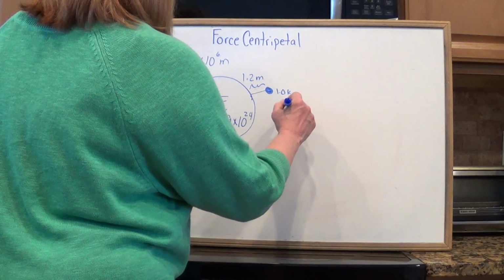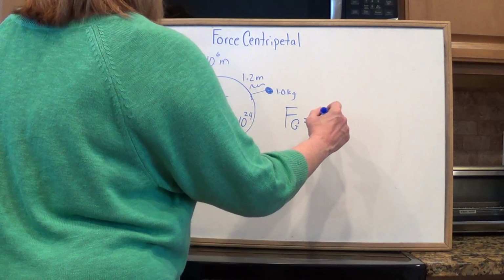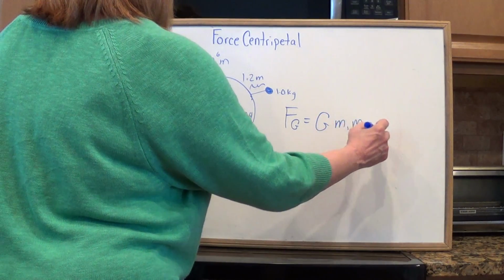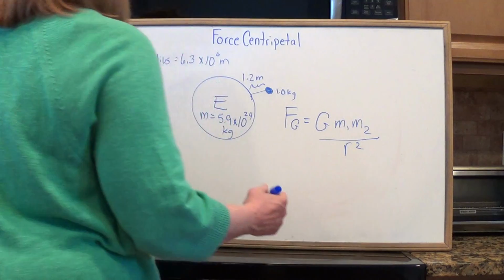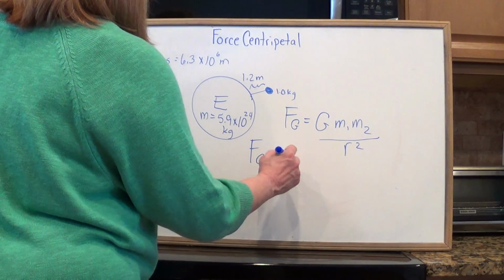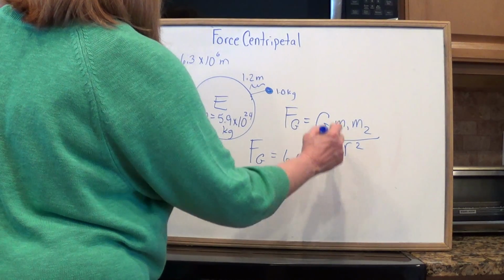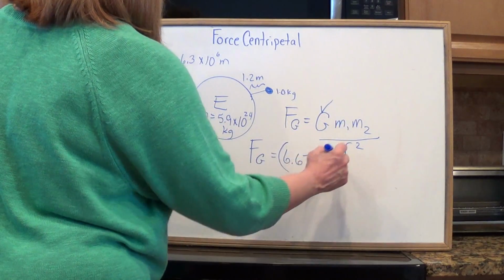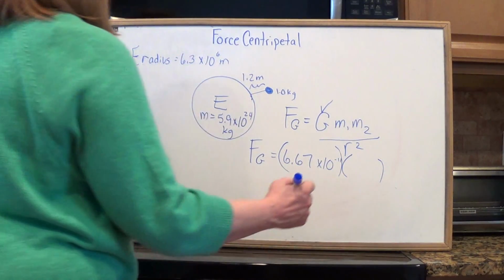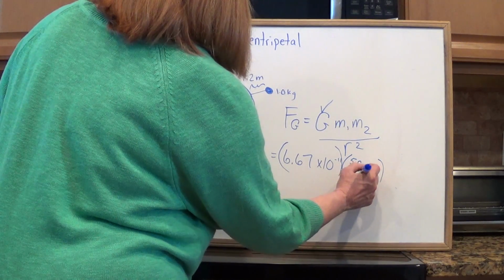And here's why. The force of gravity equals G m1 m2 divided by r squared. So we begin our calculations by throwing in 6.67 times 10 to the minus 11. That takes care of our G. Mass 1 is now the Earth, so we grab this big number, 5.9 times 10 to the 24.